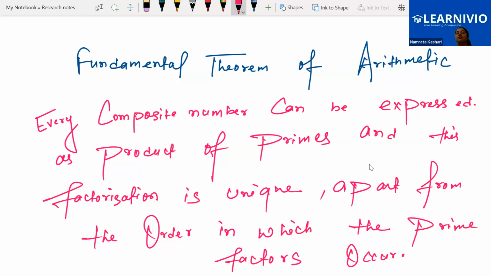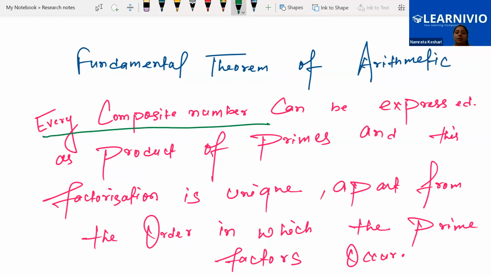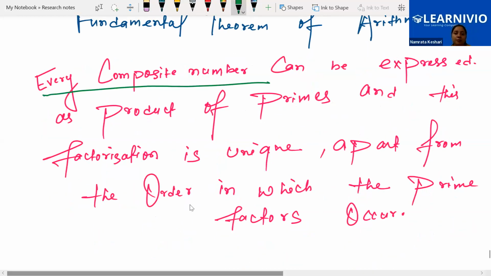Okay, let's see what exactly this theorem says. First, we will try to understand the theorem. So here it says that every composite number, now only we have discussed what a composite number is. Let's take a few composite numbers.